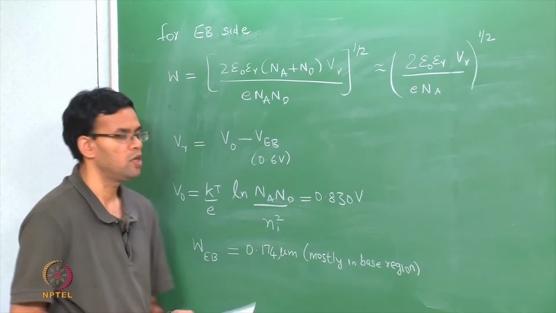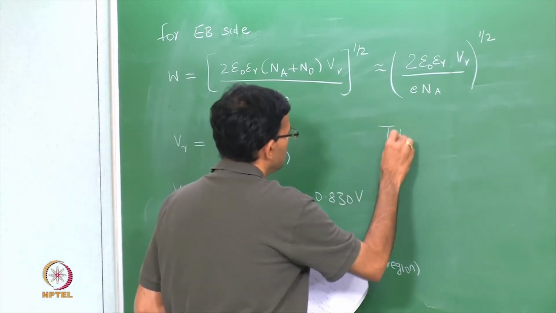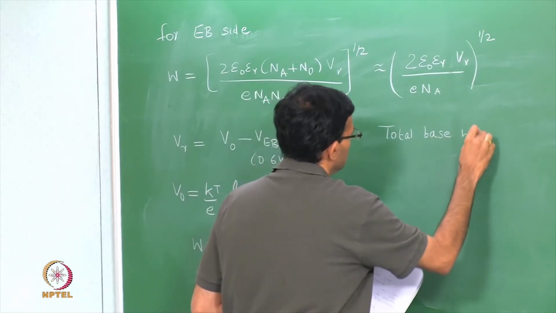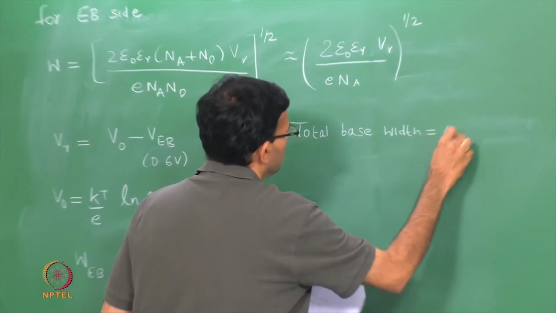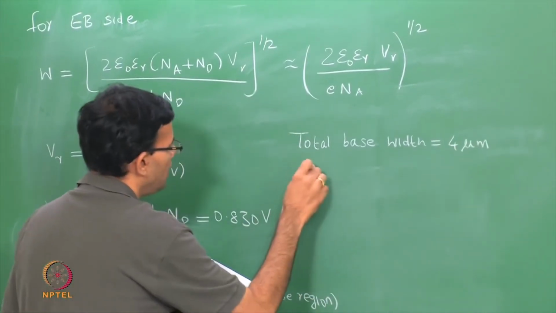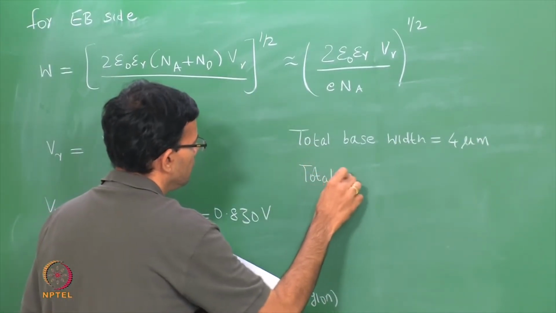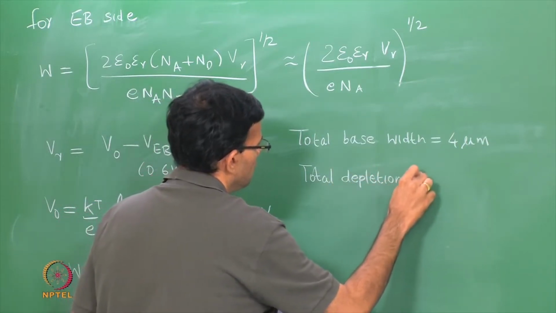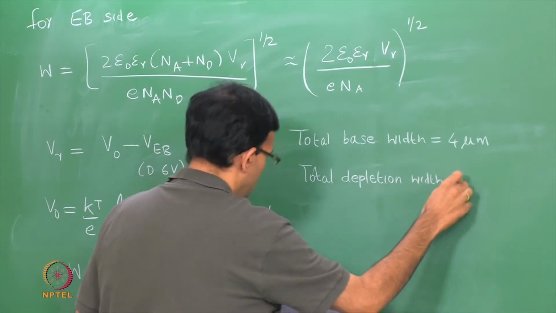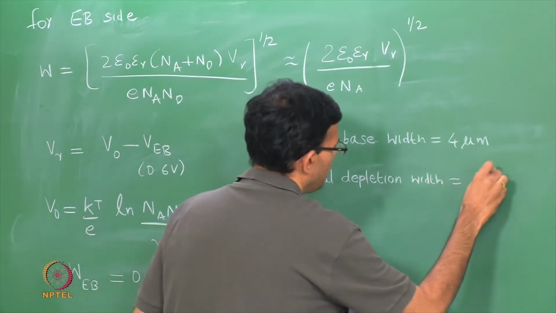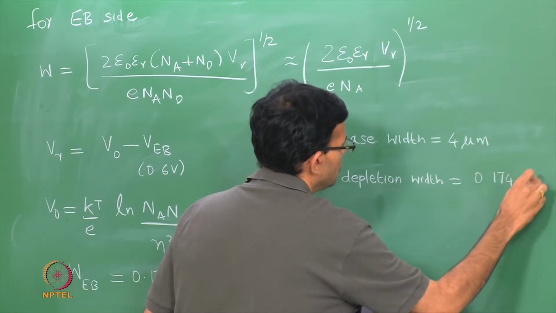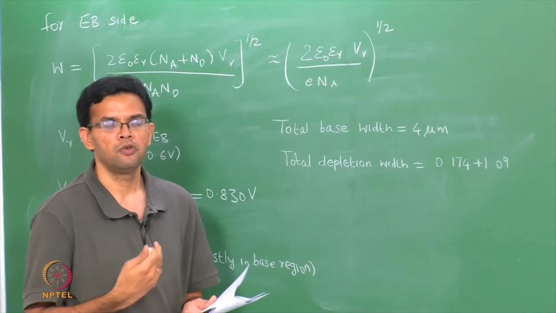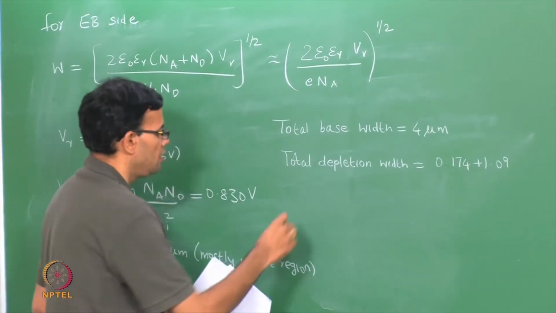The total base width is 4 micrometers. The total depletion layer width is nothing but 0.174 plus 1.09. So, 1 on the emitter and base side, 1 on the base and the collector side.